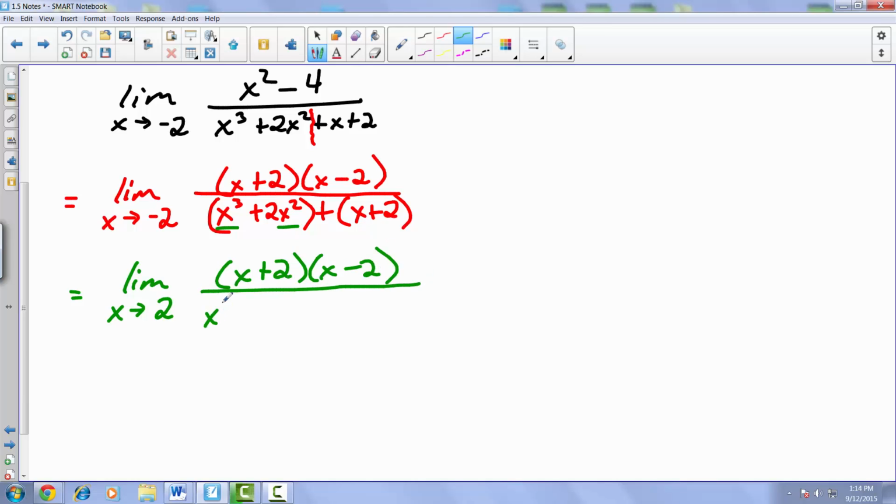If we pull an x squared out of both of those items, we end up with what times x squared gets us x cubed? X would accomplish that. Likewise, what times x squared would give us this 2x squared? 2 would accomplish that. This second piece, we didn't have to factor out at all.